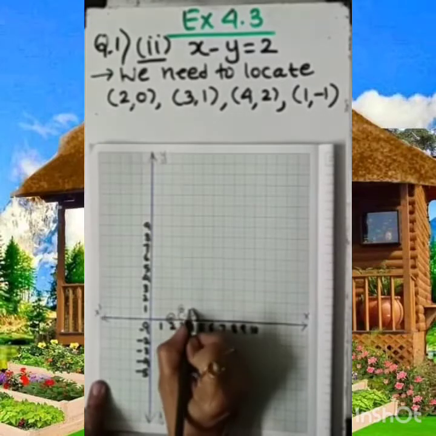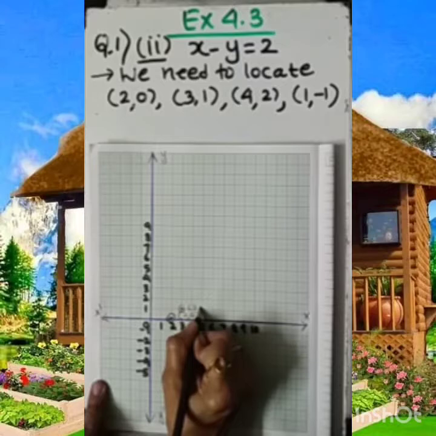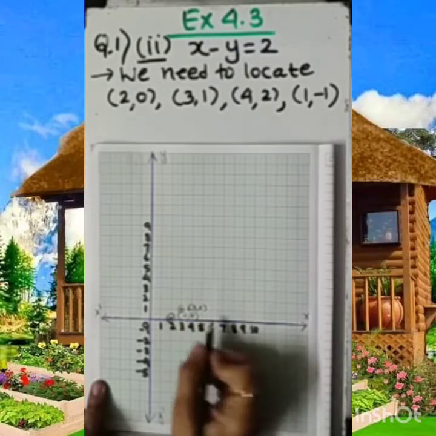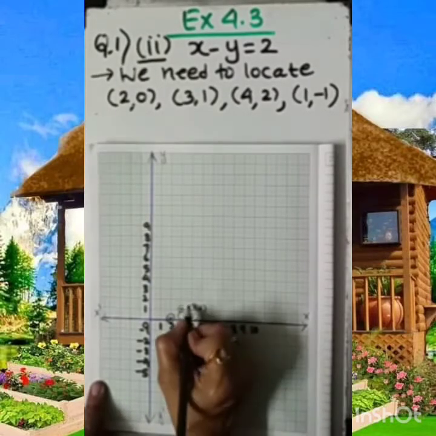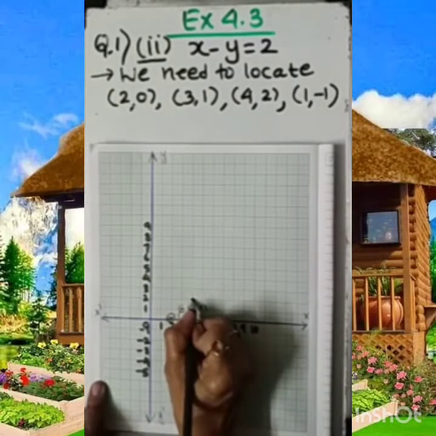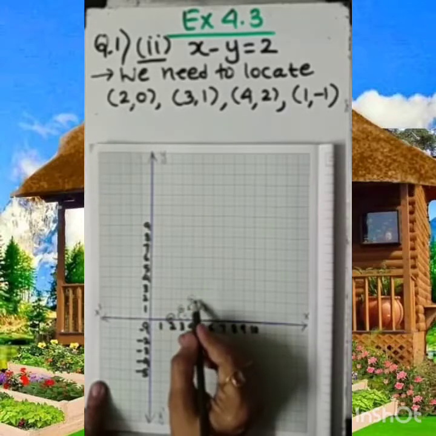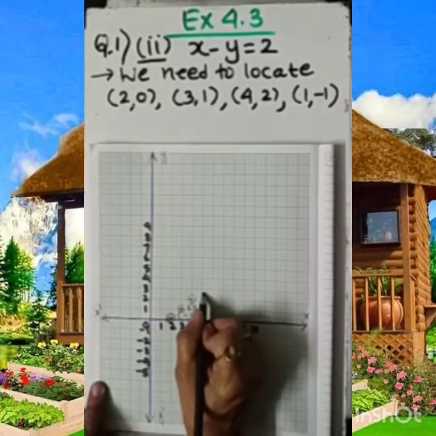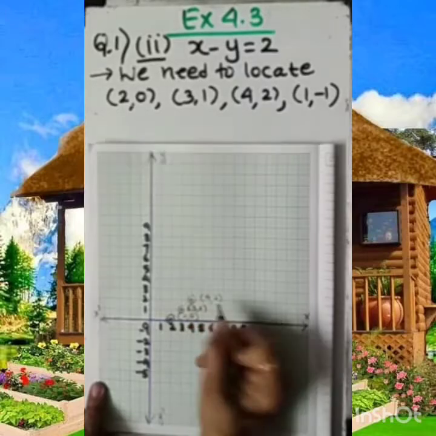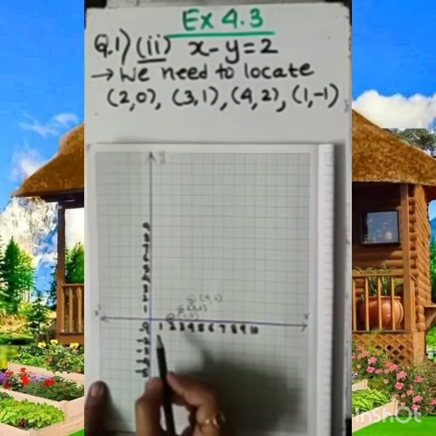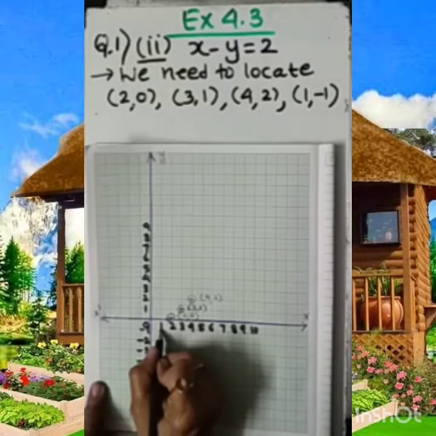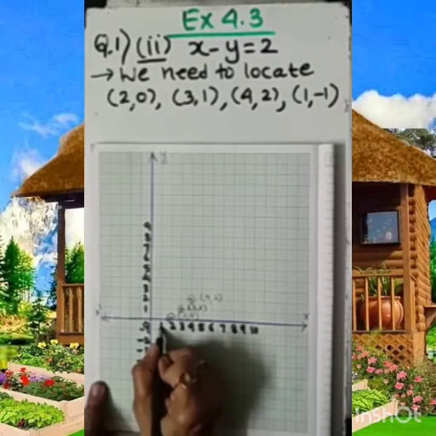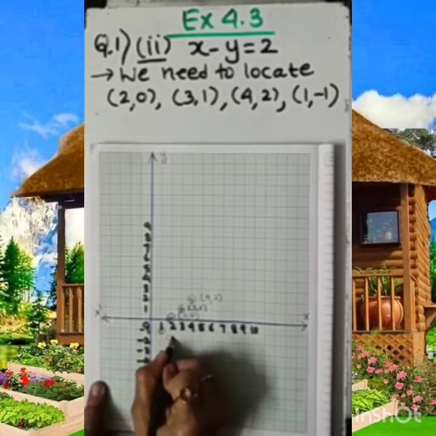I need to mention along with this the coordinates 3 comma 1. 4 comma 2: this is 4 and of course 2 is here, 4 from the x-axis and 2 from the y-axis. So here it is 4 comma 2. Next 1 comma -1: 1 on the x-axis and -1 will lie in the fourth quadrant here. Got it?